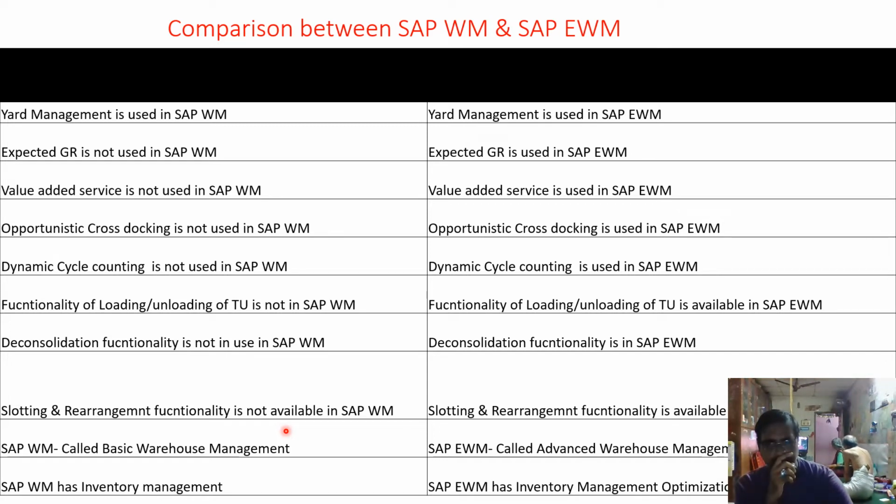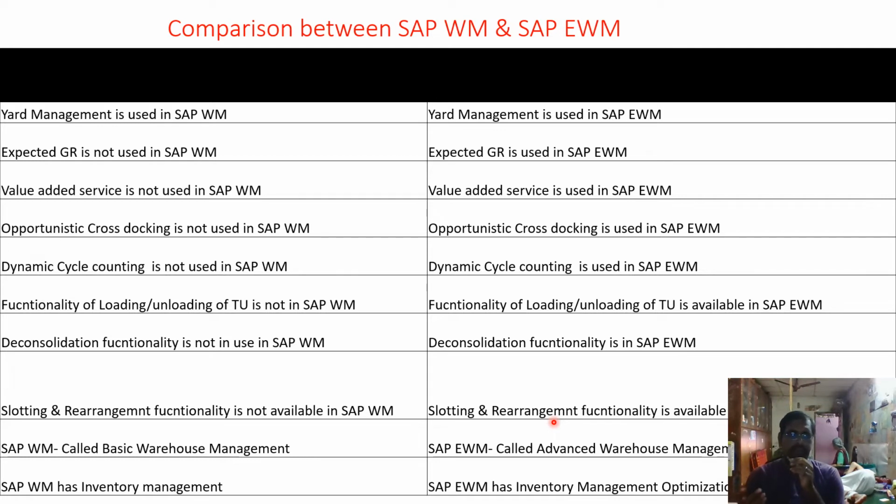After doing configuration, we went for customization with ABAP development, whereas in SAP EWM the sorting and rearrangement functionalities are available.